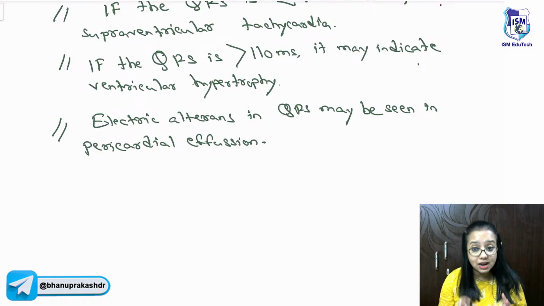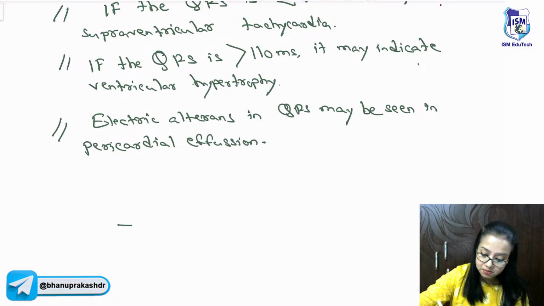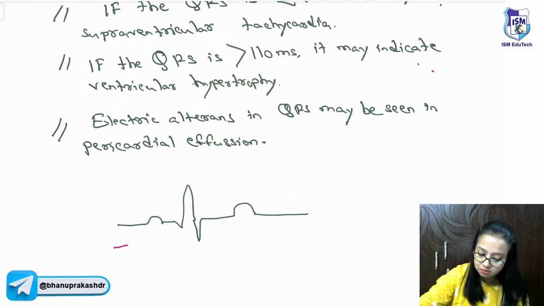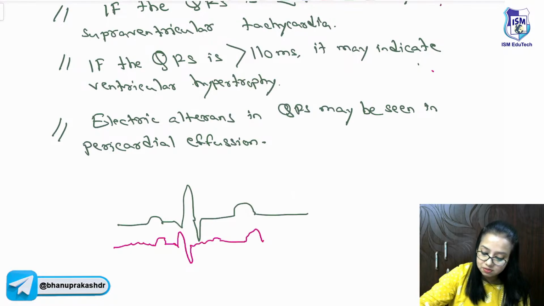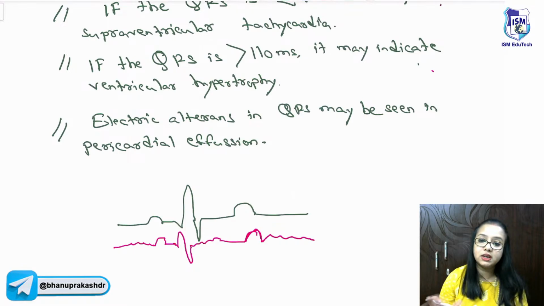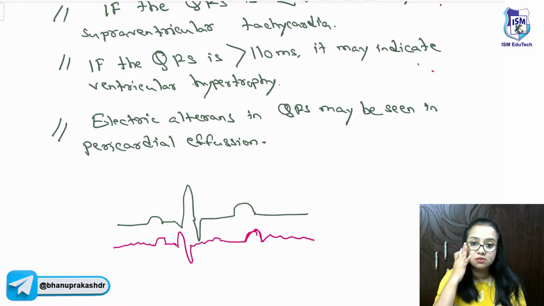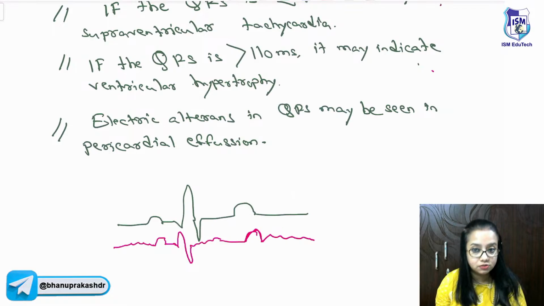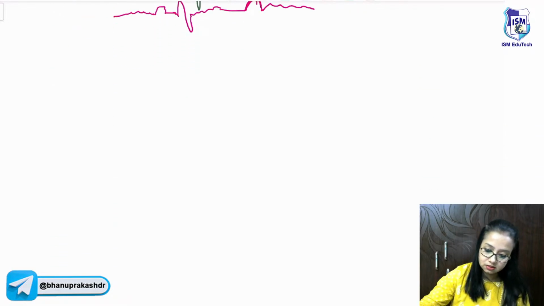In that condition, the ECG base will become wobbly and may go up and down, whenever there is any change in the voltage due to the pericardial effusion. This is the main characteristic.